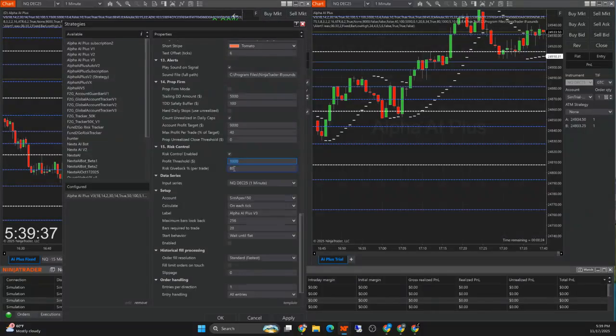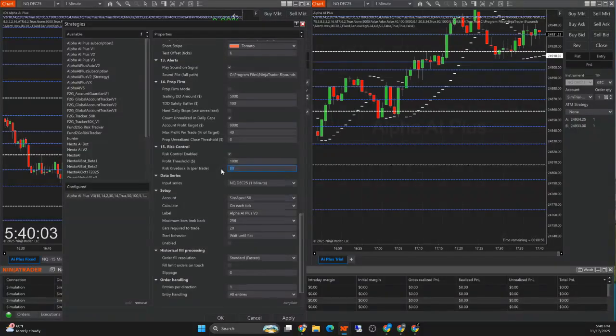So if you add this, let's say $1,000, once your profit reaches $1,000, if the system finds a trade where the risk is more than 80%, which in this case is more than $800, it will not take the trade. So in this scenario, you've already locked $200 in your favor. You can change it, you can make it 50%, 20%, 30%.